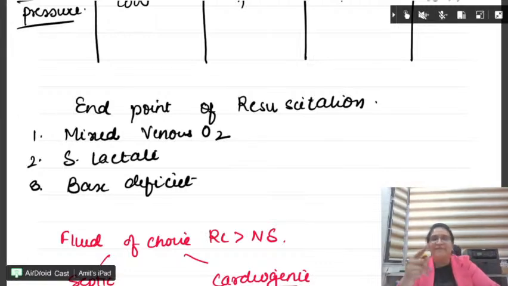Done? So you have to know, one, what you have to read. Now from shock is not going to be 5 pages or 3 pages of your notes or so many questions. Shock is just going to be the 2 or 3 magic charts and lines. Finish. Because ringer lactate, we will mark it. That is how you have to learn, and that is how you have to study every subject.